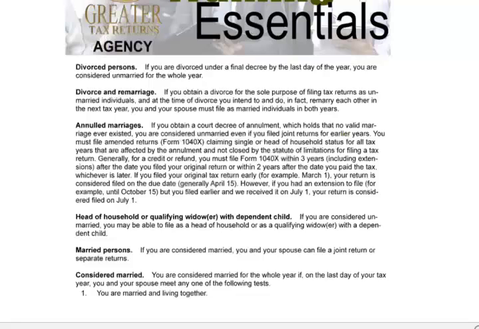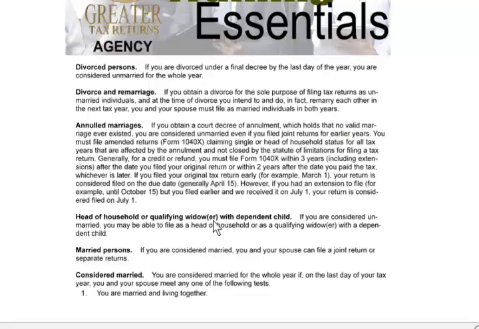So that's something that you have to look at. So that's what this page is talking about: what constitutes who, what is an annulment, what is a divorce. And it's basically just you obtaining any type of documentation that shares that.